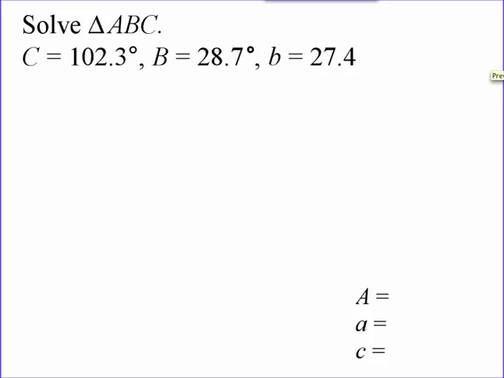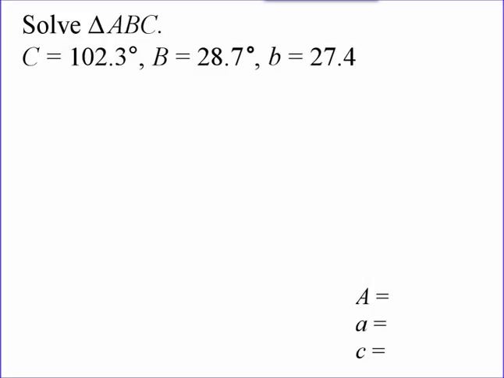It says to solve triangle ABC. So whenever we say to solve a triangle, remember this is from your test, solving the triangle meant find all missing sides and angles. So in here, notice you're given 3 parts of the triangle. That means you need to find the other 3 parts.